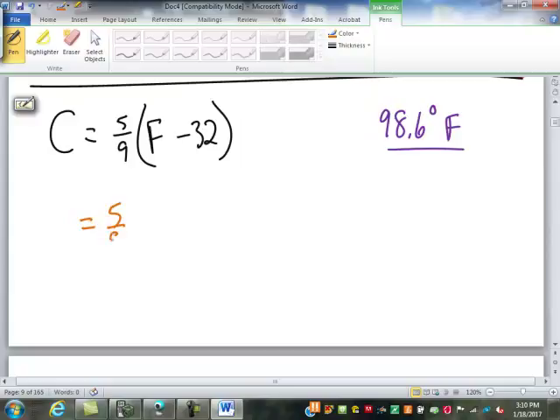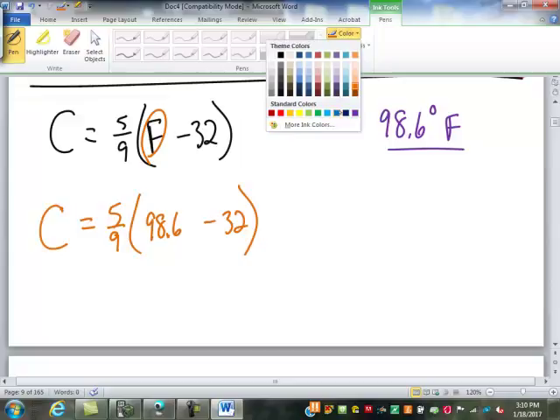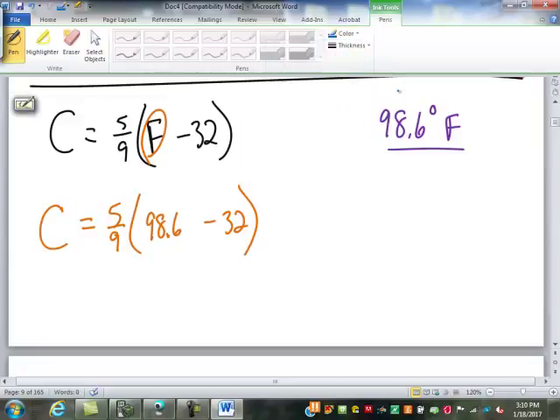Well, we replace F with 98.6. And we're going to do our order of operations to evaluate that expression. So what is 98.6 minus 32? 66.6.